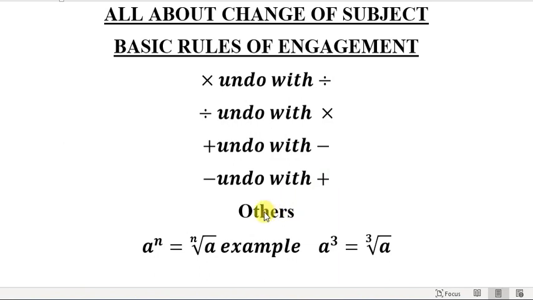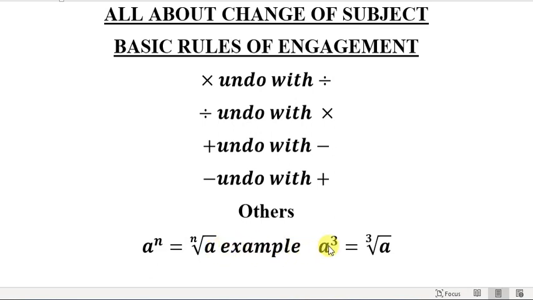There are others which do not fall under these four categories. They include the radical operation signs. Now, if you have a variable a exponent n, to undo and free this variable a, we will have to express it to the nth root of a.